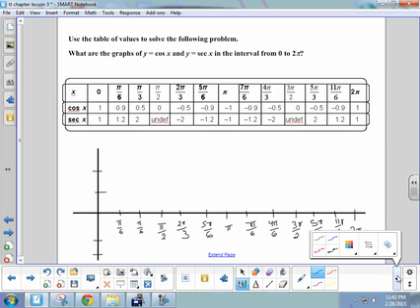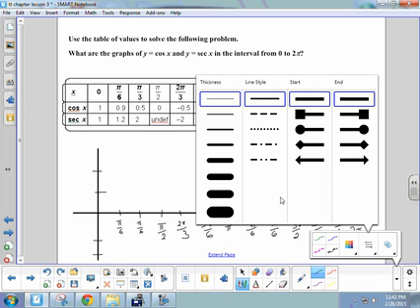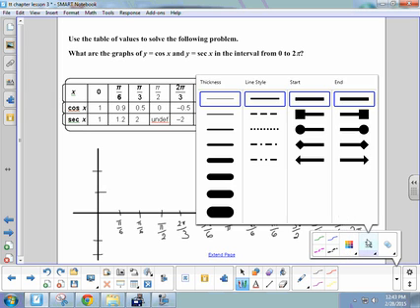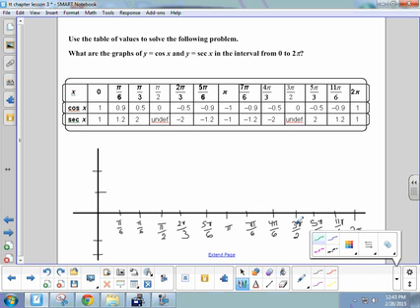So I'm going to go ahead and do my cosine graph, and I'm going to do that in just a real light gray because it's going to be something that you've already seen before.